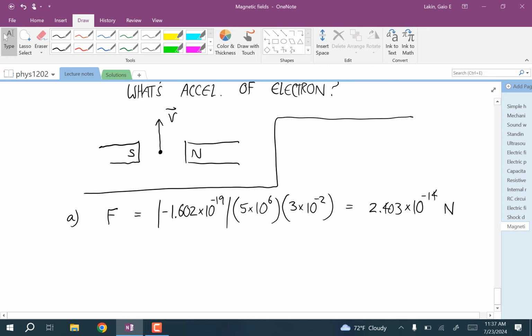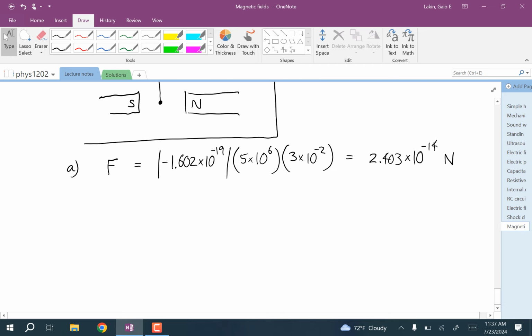Well, we're going to use the right-hand rule. The velocity vector is the first thing that goes into the right-hand rule, here's our velocity vector. Since we're dealing with an electron that has a negative charge, Q times the velocity vector, that negative charge switches the direction.